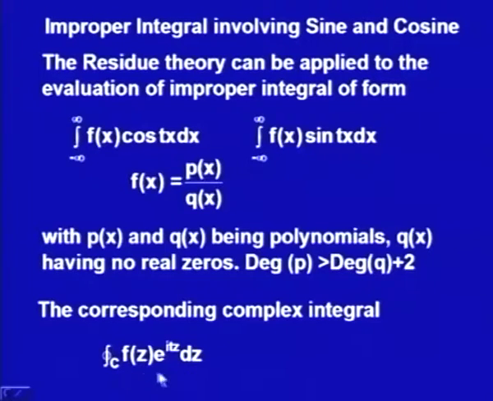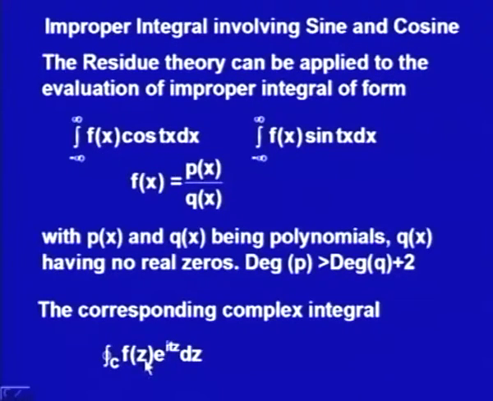Whatever answer we get for this contour integral is a complex value. We compare the real and imaginary parts, and accordingly we get the integrals of f(z) cos t z and f(z) sin t z.